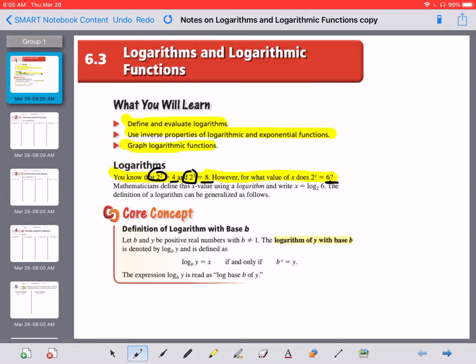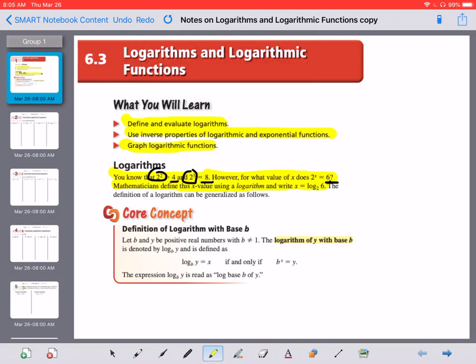There actually is a way to calculate it, and that is using what are called logarithms. So mathematicians define this x value using a logarithm and write x equals this expression right here.